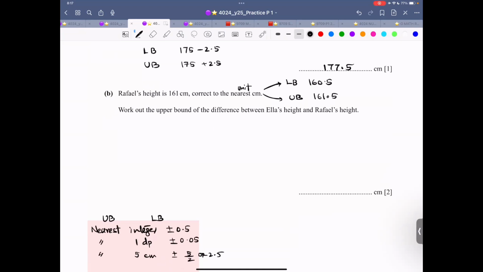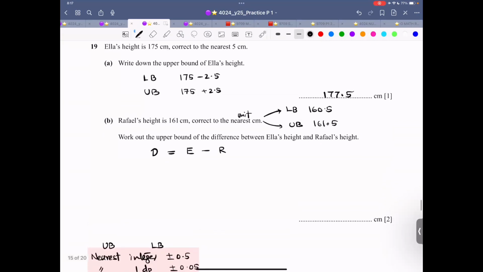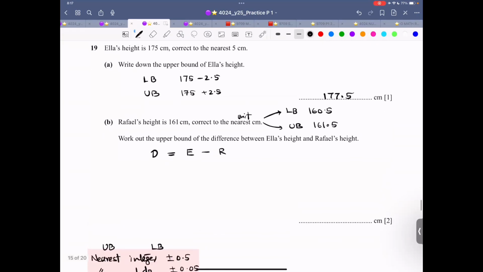Work out the upper bound for the difference between Ella's height and Raphael's height. So difference is Ella minus Raphael, who is taller. Ella is taller. If you want the upper bound, that means Ella should be upper bound, Raphael should be lower bound. Got it? So Ella upper bound is what they asked for.